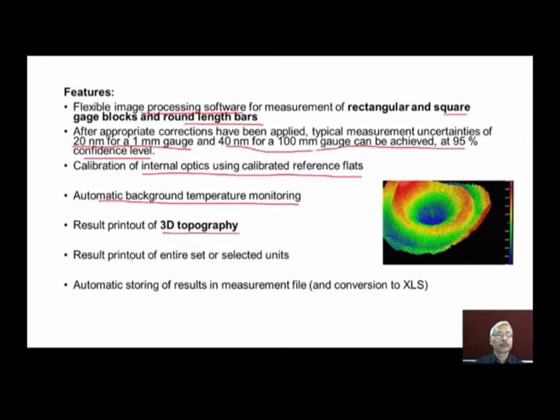A result printout of entire set. So if we keep some 10 or 12 pieces at a time, a result printout of all the gauges is possible, or we can have a result printout only for the selected gauge blocks. Automatic storing of results in measurement file is possible, so that they can be retrieved at a later date for analysis purpose.